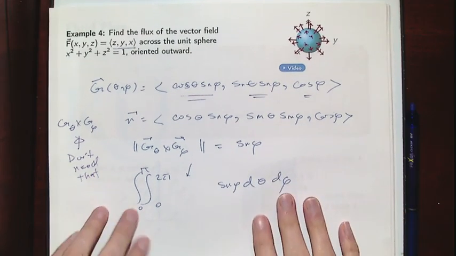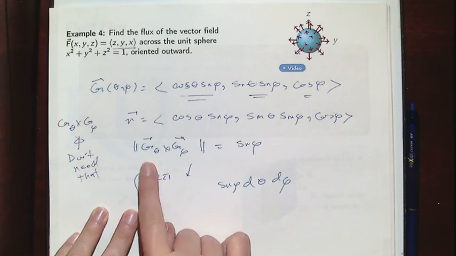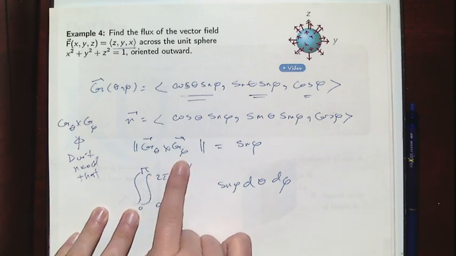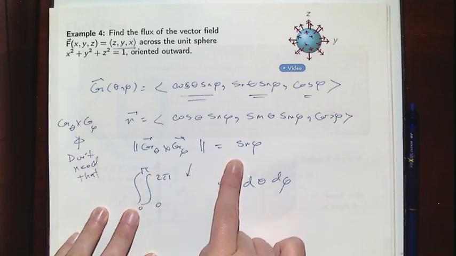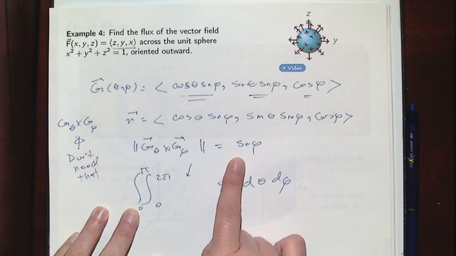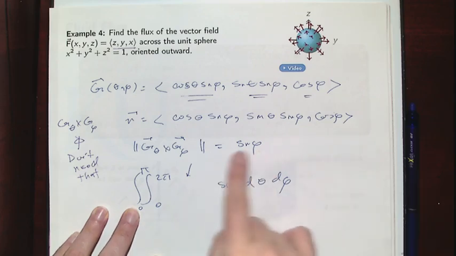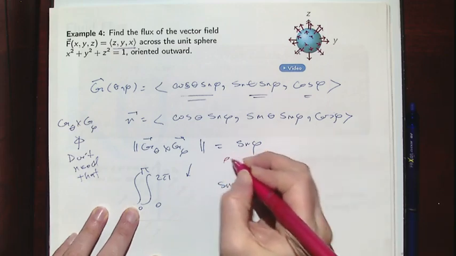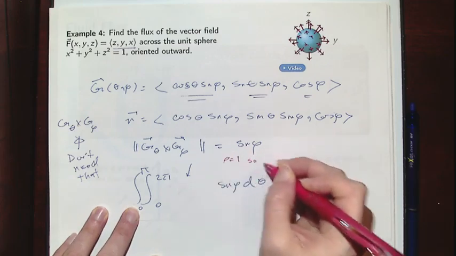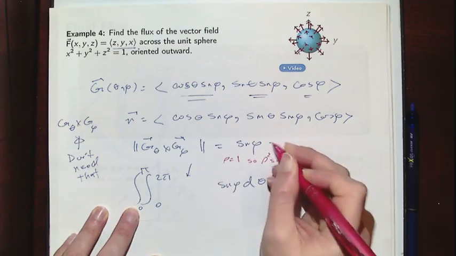That said, I still need the magnitude g theta cross g phi, which you know it's going to be what? It's going to be rho squared sine phi, but rho is equal to 1. Therefore, rho squared sine phi is just sine phi.